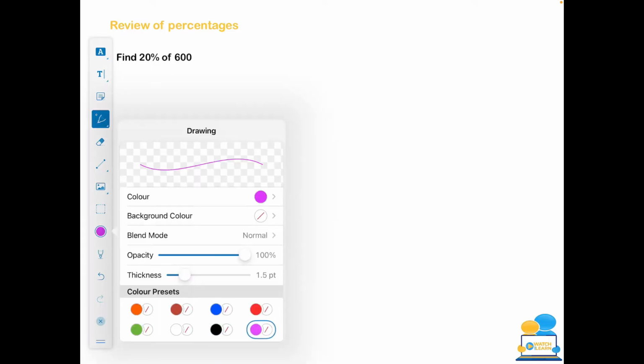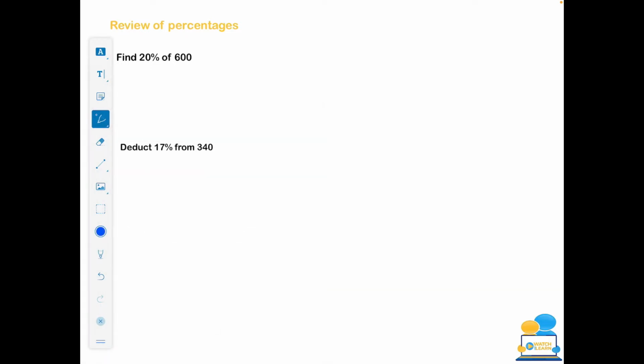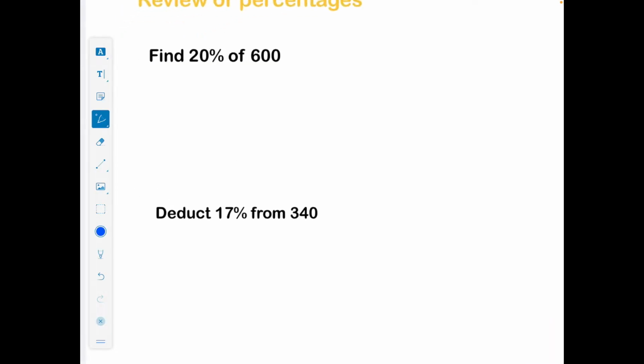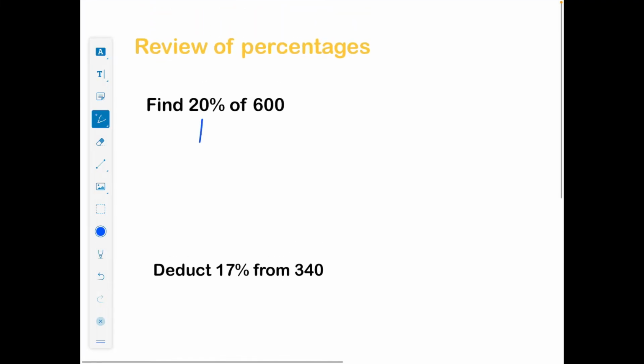So the question could be, find 20% of 600. Now, in your junior cert, it's unlikely that a question this straightforward will come up, but we'll definitely be using this in our questions. So first I'm going to change 20% to a decimal. So 20% is 0.2. To find the percentage as a decimal, just divide by 100.